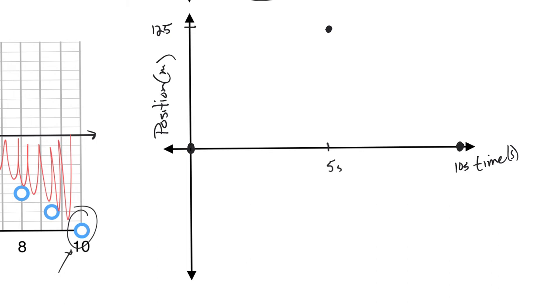Continuing our discussion from yesterday, at the time 0, its velocity was 50 meters per second, which means it had a slope of positive 50 here. At 5 seconds, it was stopped. So it had a slope of 0. And at time 10 seconds, it had a velocity of negative 50 meters per second. So it had a slope of negative 50.